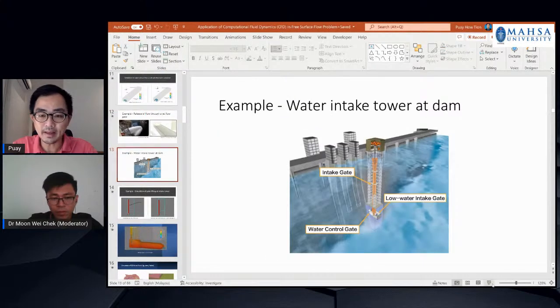Another example in the dam is the water intake phenomena from a tower in a dam. We do water intake through a tower like this, but there are several things that can be studied using CFD in this water intake process.